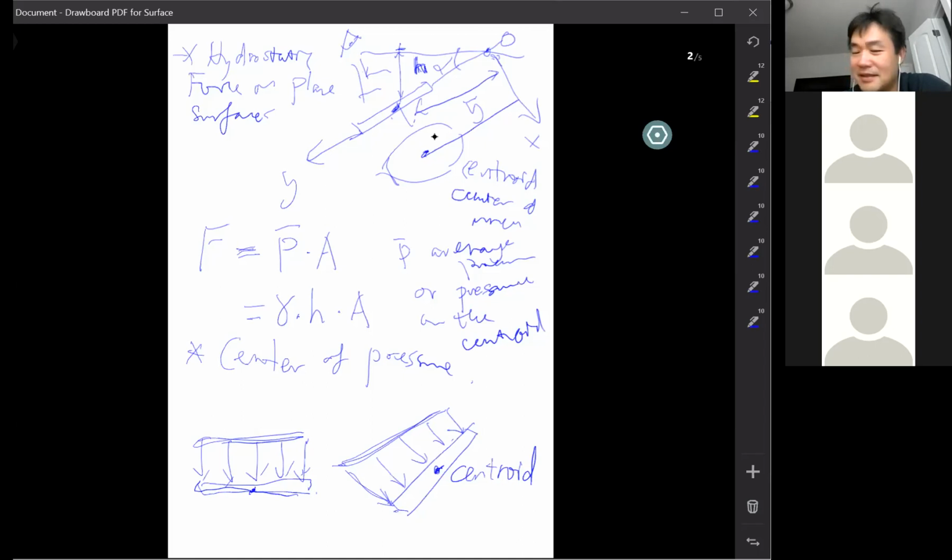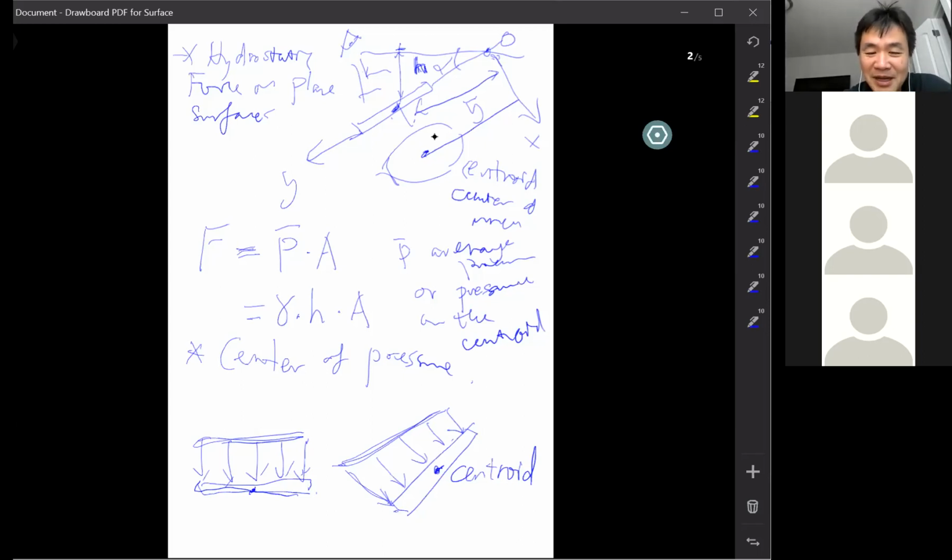They are not. Which one's lower? These 2 points, centroid and the center of pressure, which one is lower? I'm talking about the center of pressure. That's a location, right? There exists a center of pressure, I just don't know where it is.